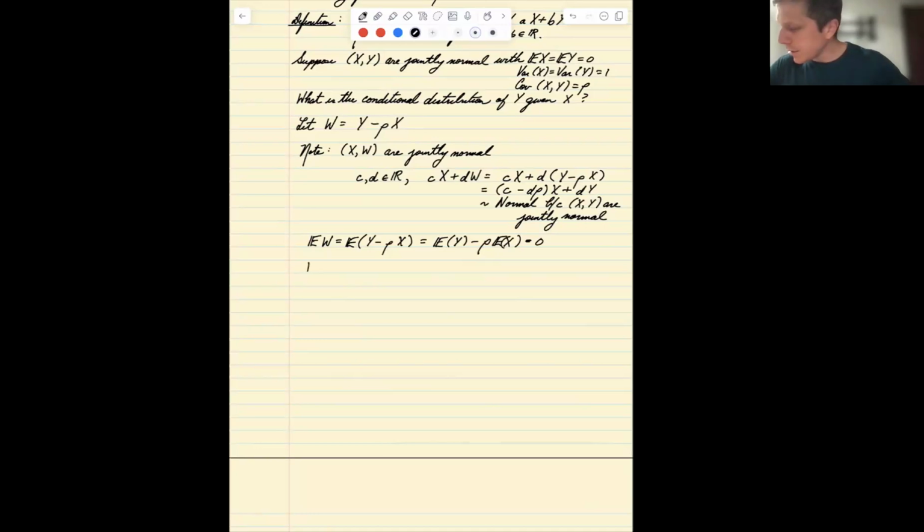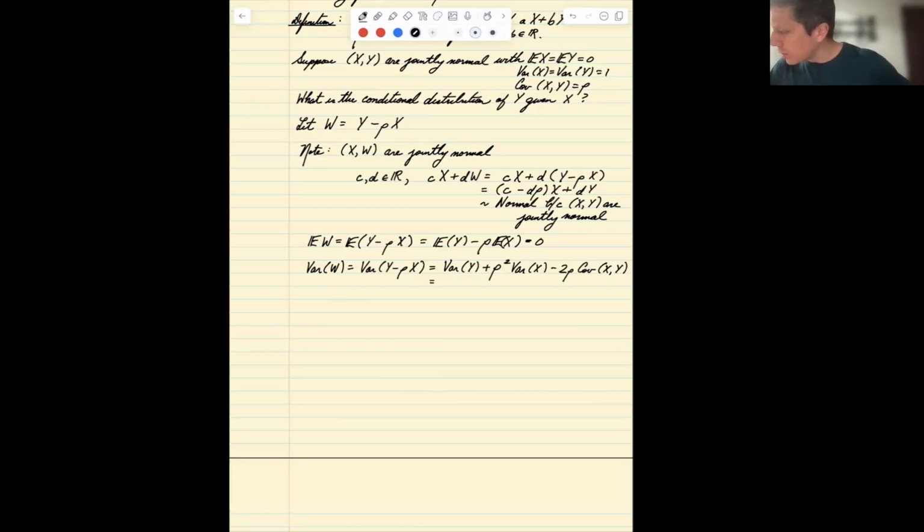The variance of W is the variance of Y minus rho X, which is the variance of Y plus rho squared variance of X minus 2 rho covariance of XY.